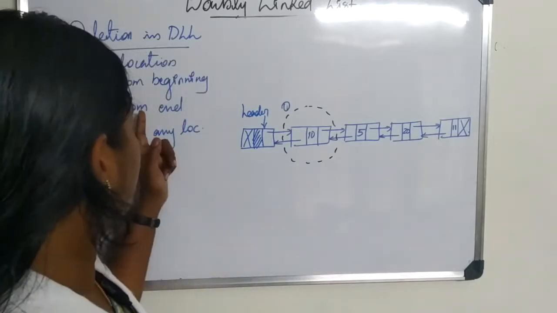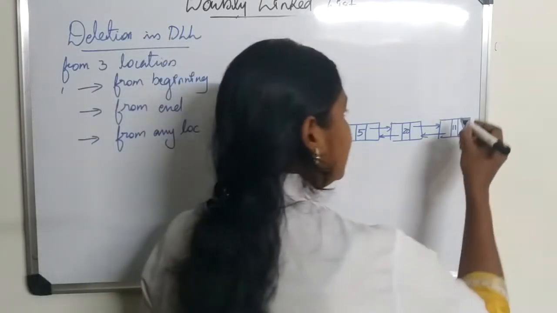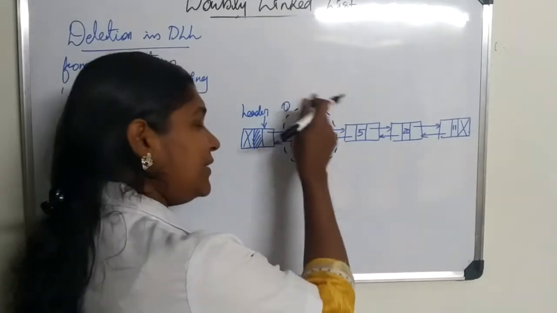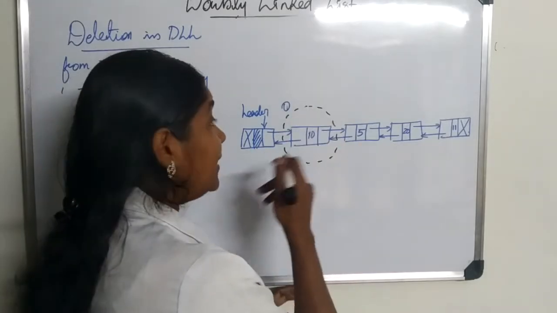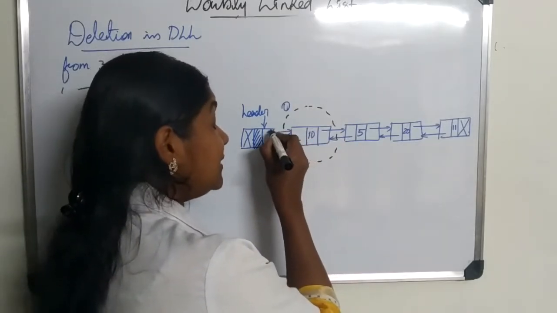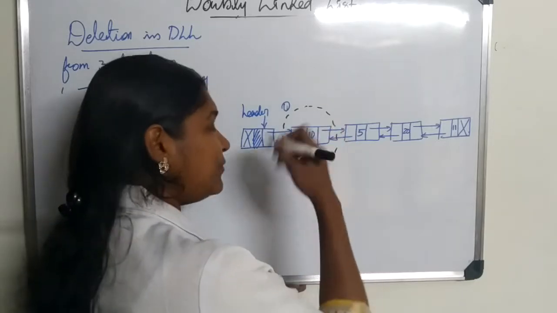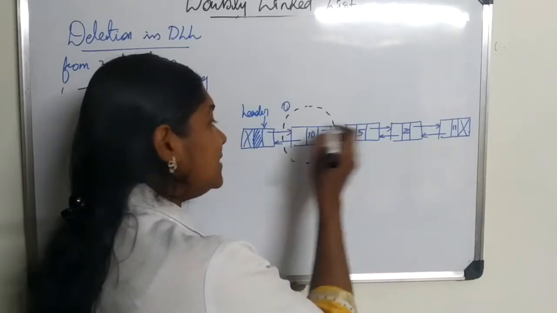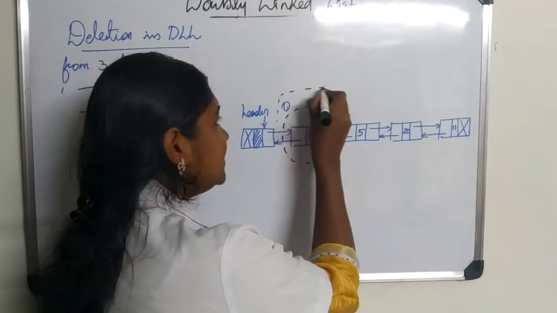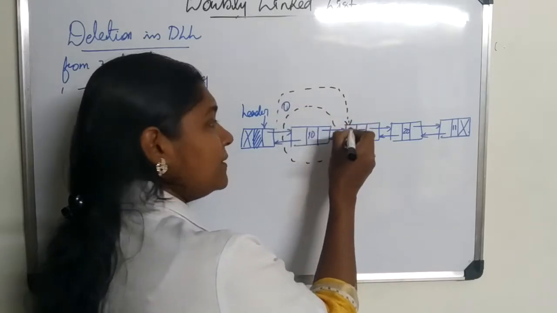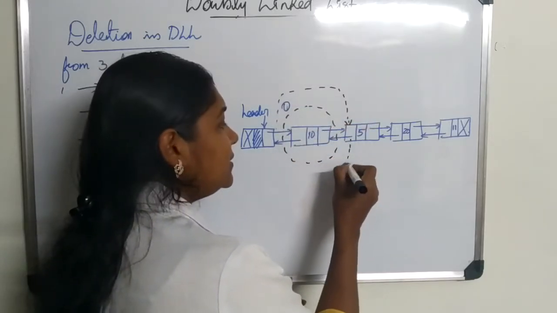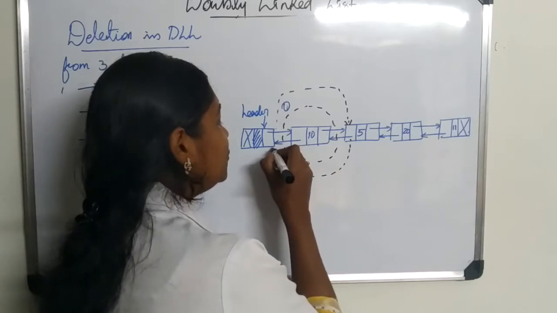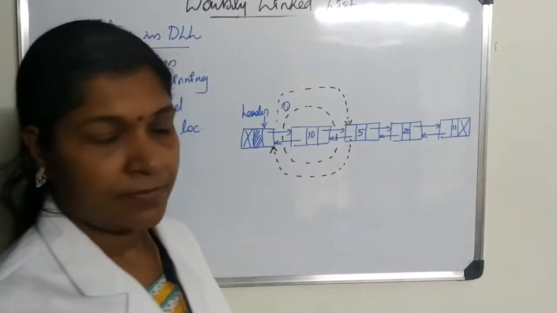If we are deleting this first node, what is our part? We should rearrange our links so that the header node's next is equal to the next node, and that node's previous link is pointed to the header node.